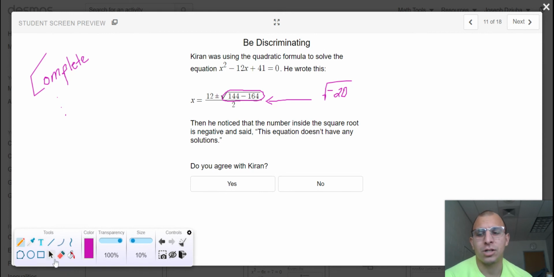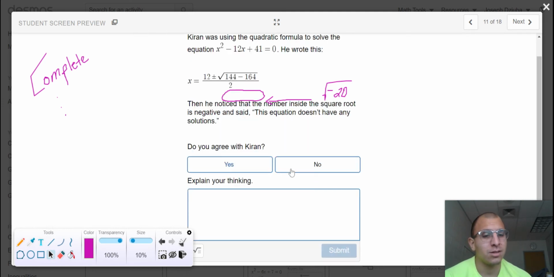So he makes this conjecture that because that square root is negative 20, the equation is not going to have any solutions. What does that mean? It does not have any solutions. Okay? If you agree, select yes, share your thoughts. If you don't agree, select no, and share your thoughts.